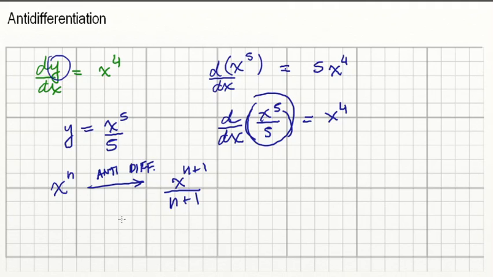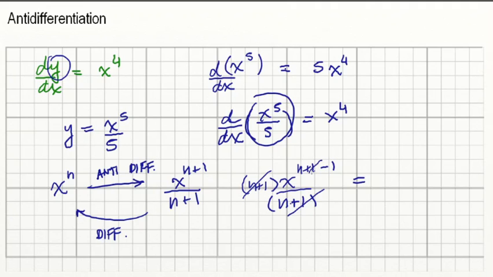And you can see that the inverse process works. If we differentiate, so if we get the derivative of this function, we would drop this exponent and subtract it by 1. So n, well, there's n plus 1 down here. So we would cross those out, and we would get back to x to the power of n.